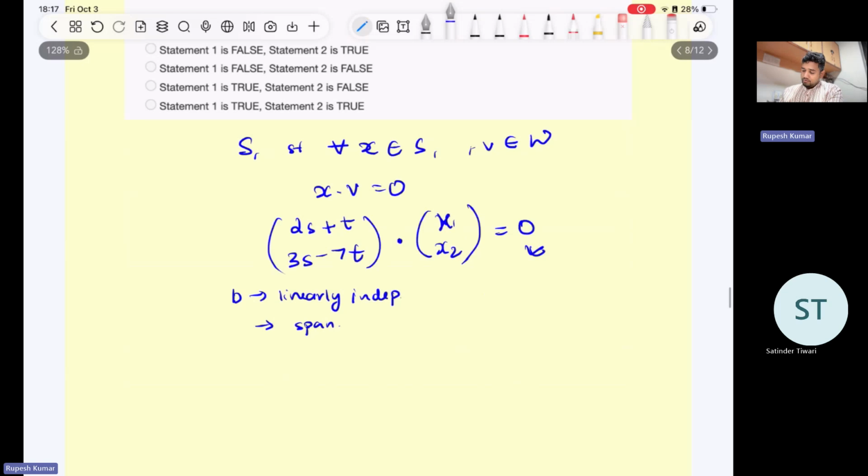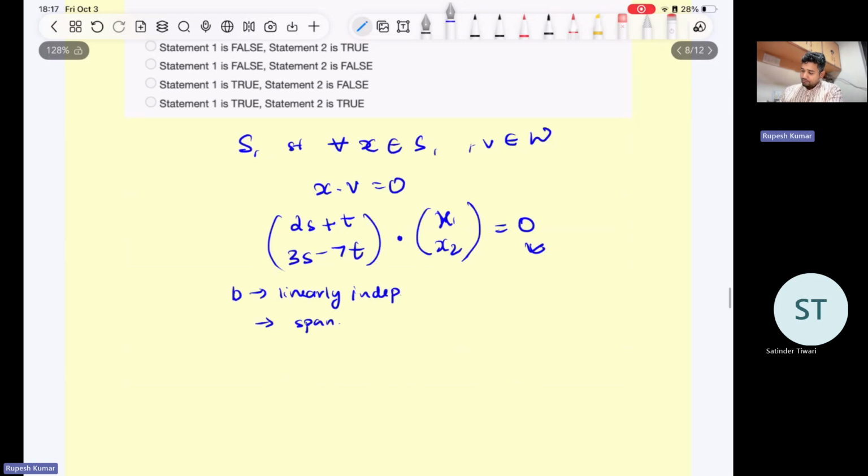Now, the definition of linear independence is that if the sum of alpha i times basis vector i is 0, then all the alpha i's have to be 0.